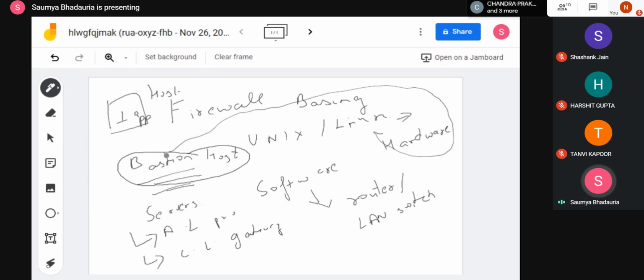Since we want to make it a bastion host, we'll run only the required set of services on this particular host. So it could run only the firewall service or the services which are essential to run that particular firewall.